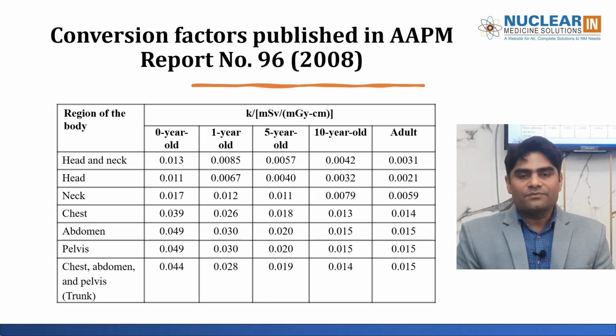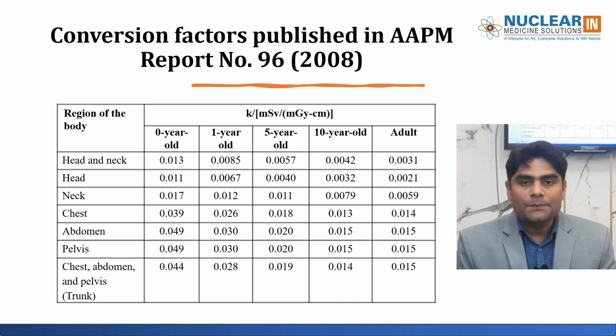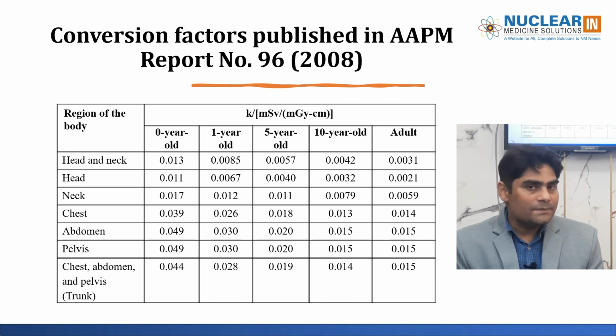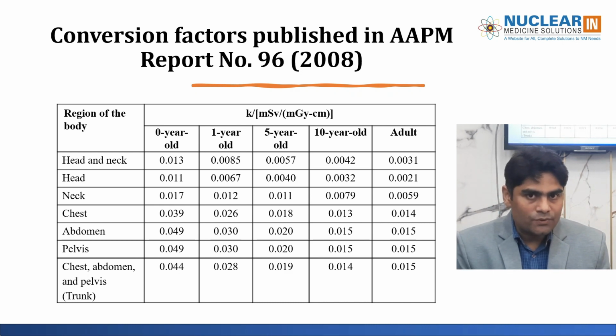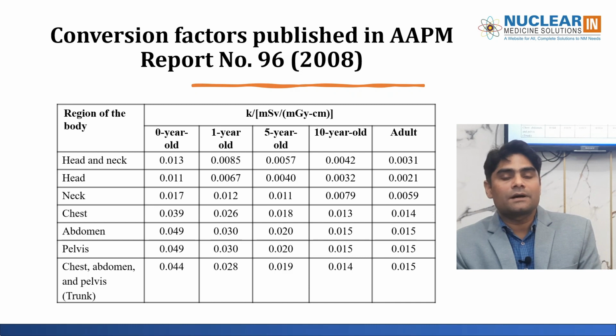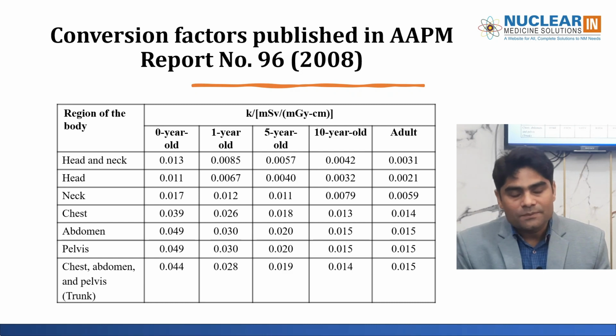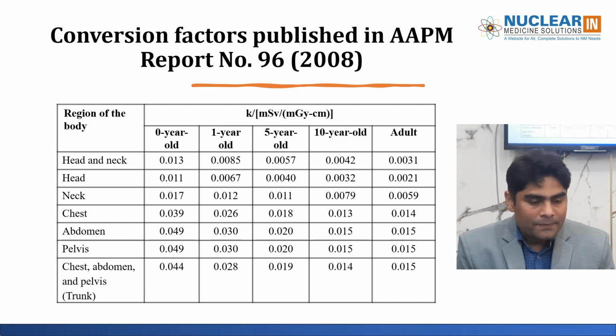There are also conversion factors which can be used directly for the effective dose calculation. We receive the DLP from the dose report, and if we multiply by this conversion factor, we can directly get the equivalent dose of an organ or the effective dose to the whole body.